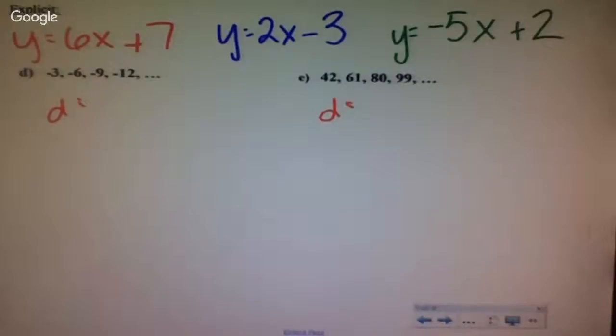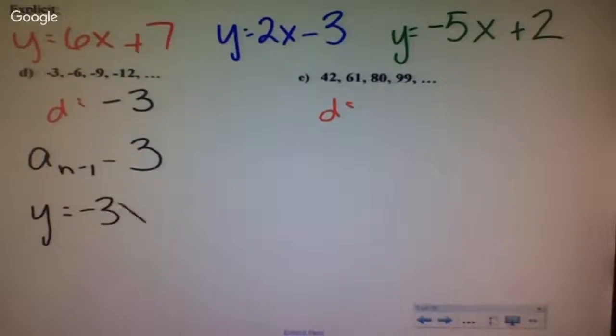What's my d value? -3. So every time I'm taking the number and I'm subtracting 3. Explicitly, y equals negative 3x minus 3. You start at negative 3, and every time we're going down by 3.